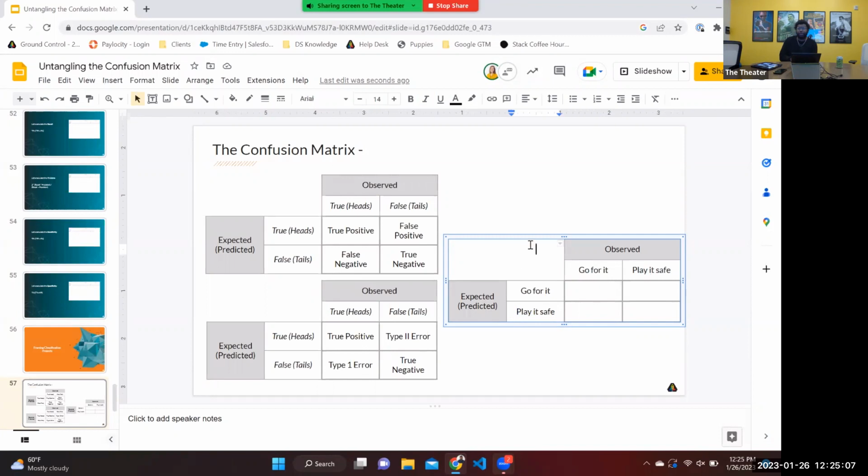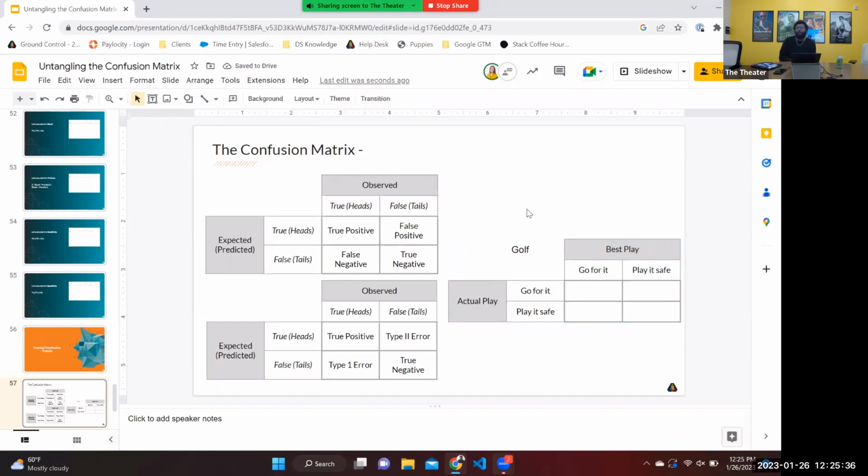So we'll put golf here, and instead of calling this expected or predicted, or observed, we'll say best play, and then we'll put actual play. Now that we've set this confusion matrix up to look like this, everything on the left is still in play, but we've set it up for a specific example.